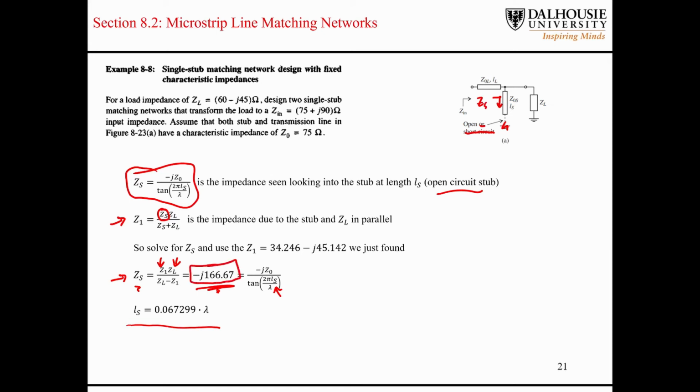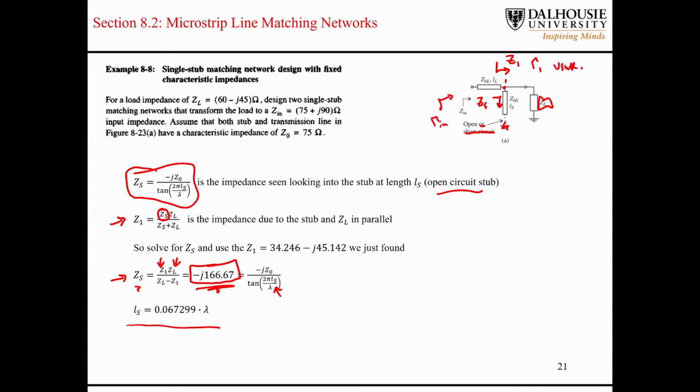And then if you put ZS in parallel with ZL, that is going to give us the impedance seen looking in at this point here of Z1, and that's important because that gives us a reflection coefficient that sits on the same VSWR circle as the input reflection coefficient.